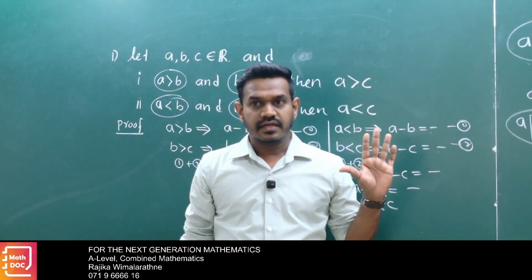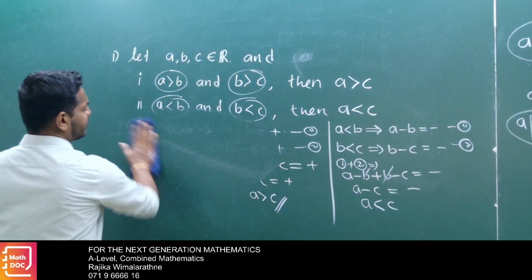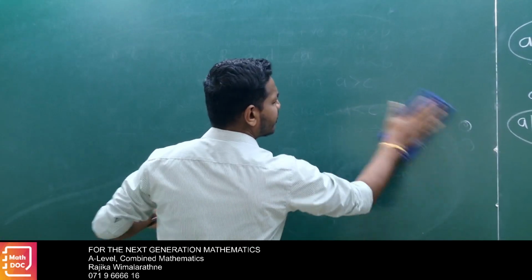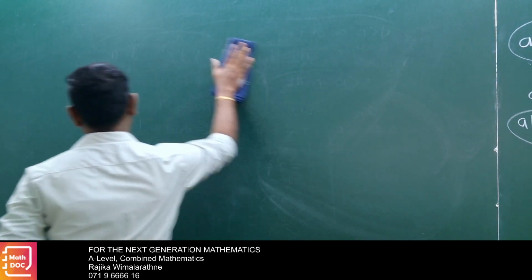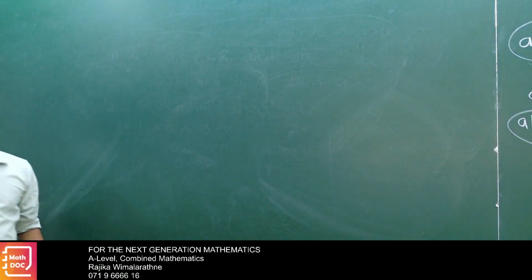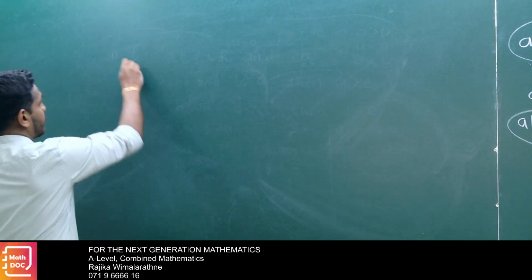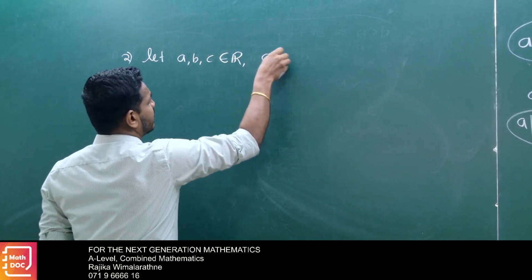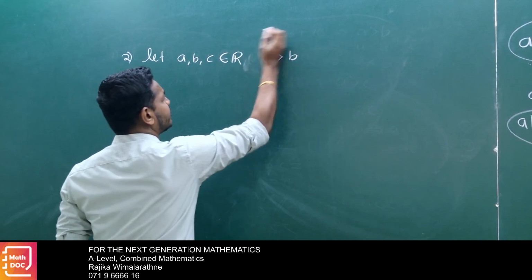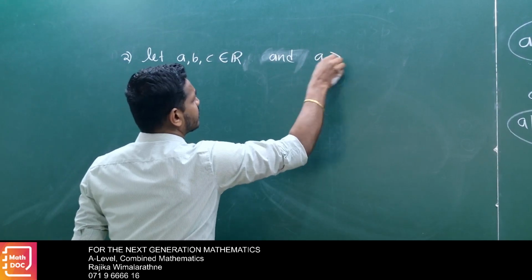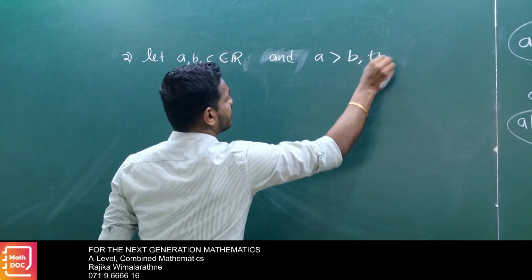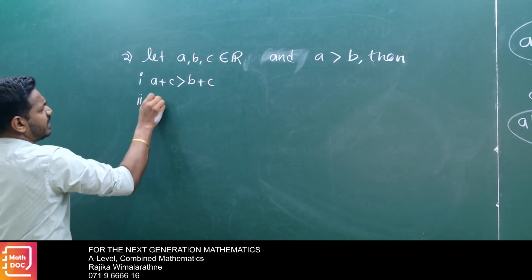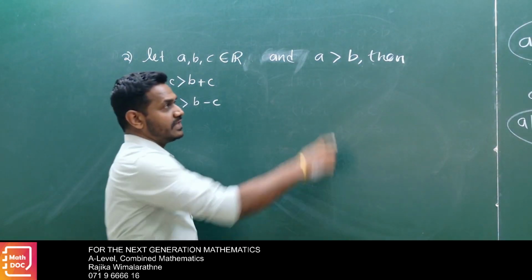Okay. Now let's say another theorem. Let A, B, C be real values, A greater than B. Then first one, A plus C greater than B plus C. Second one, A minus C greater than B minus C. That means we have an inequality here.